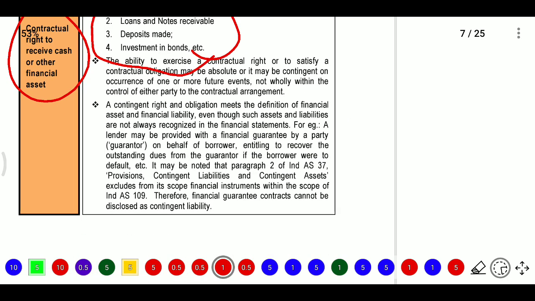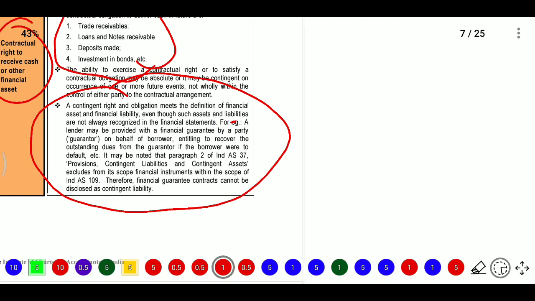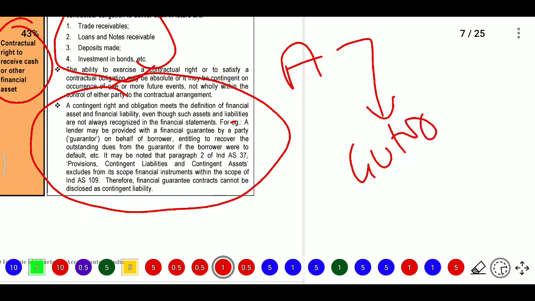After that, some contingent rights and obligations meet the definition of financial assets and financial liabilities, but such assets and liabilities are not always recognized in the financial statements. For example, there is a lender, and another person provided a financial guarantee on behalf of the borrower.